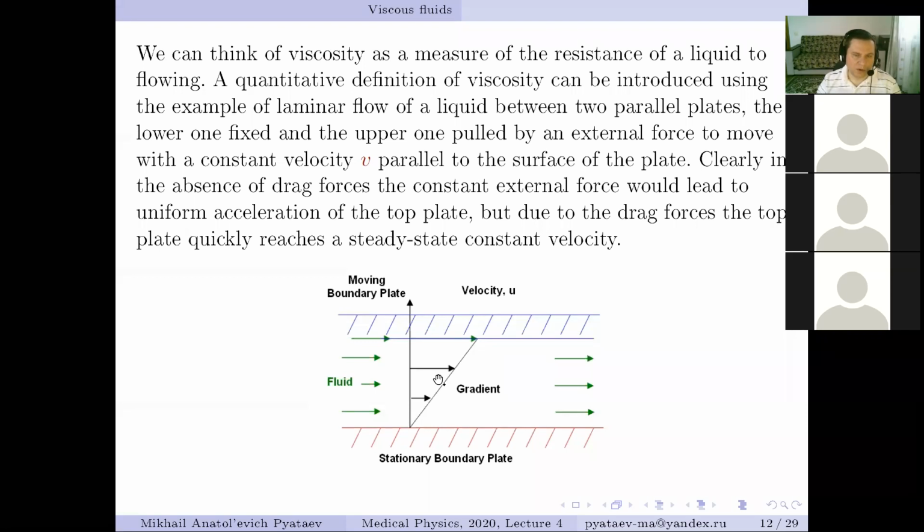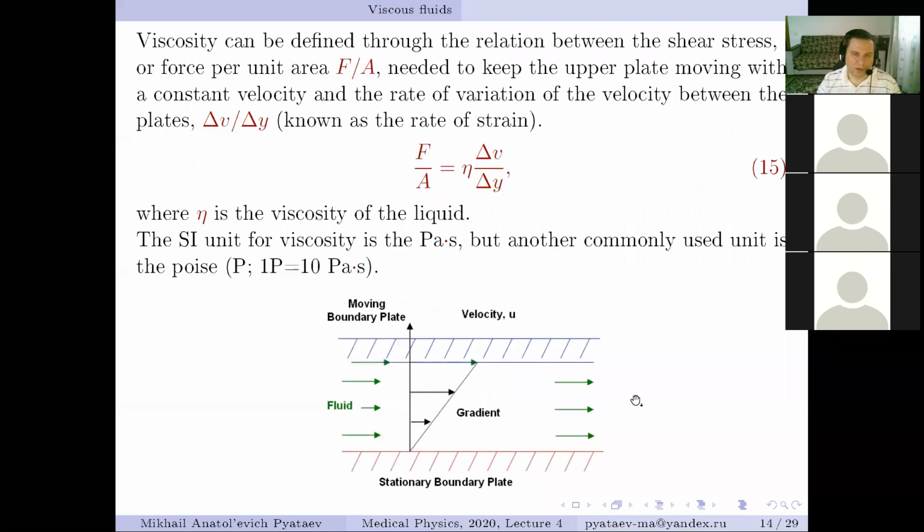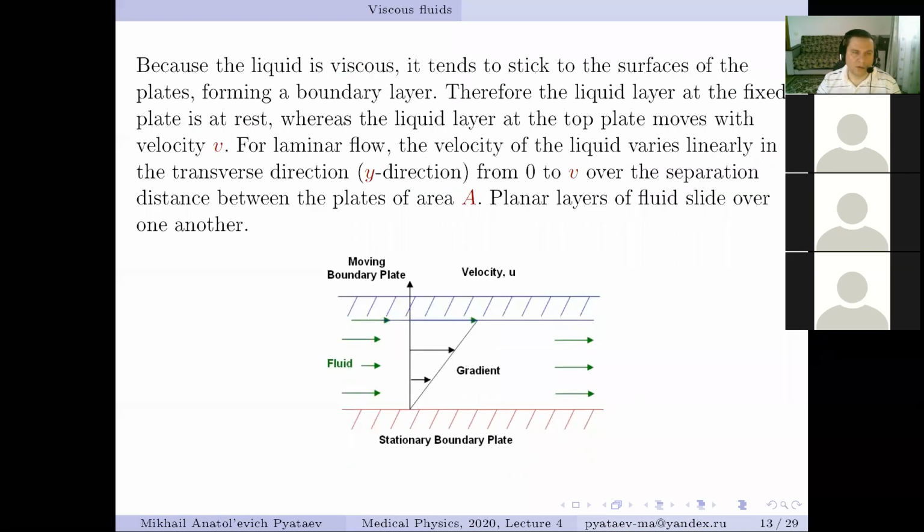So we can define the force of interaction between these two layers.